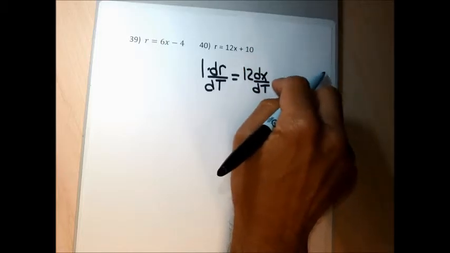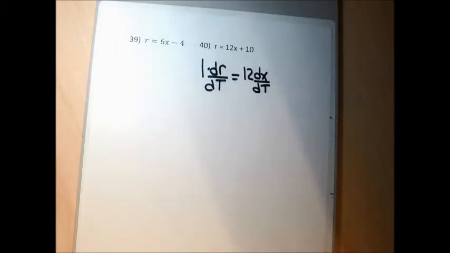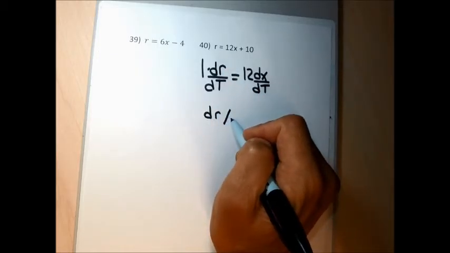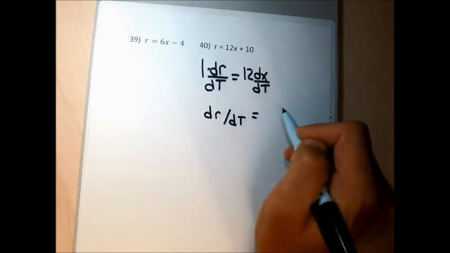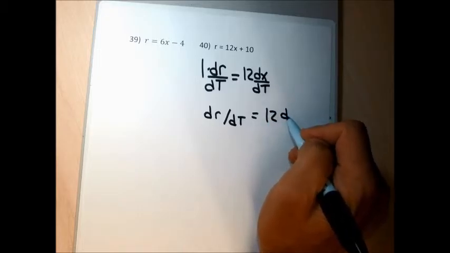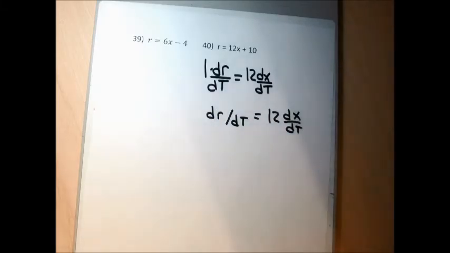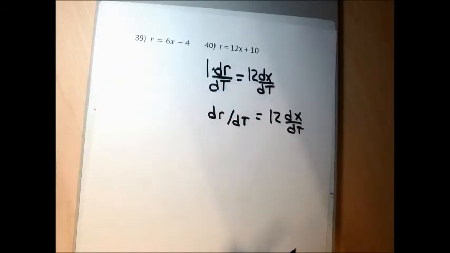And the derivative of 10 is 0. So that's gone. This is lovely because the left side now is dr/dt. The right side is 12 dx/dt. I'm done. Because my goal was to find dr/dt, and it's already solved for. Because the r was already solved for, this was an easy one to do.